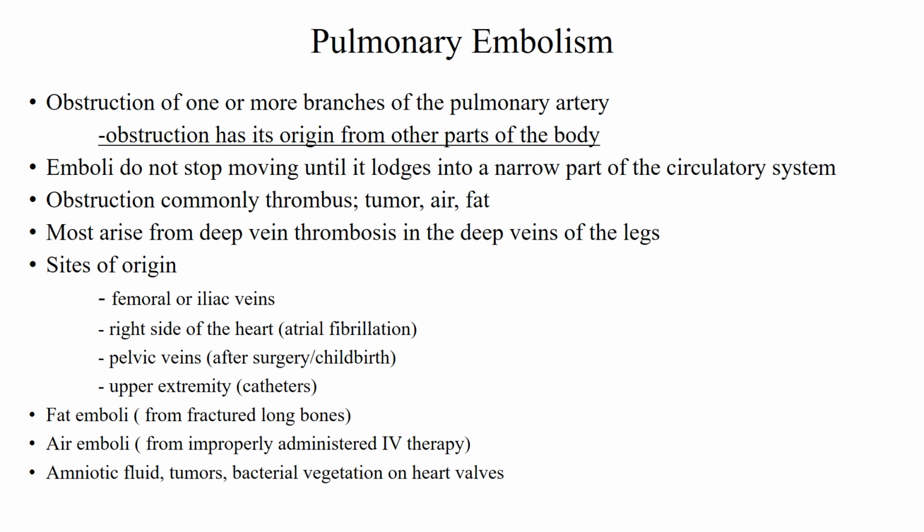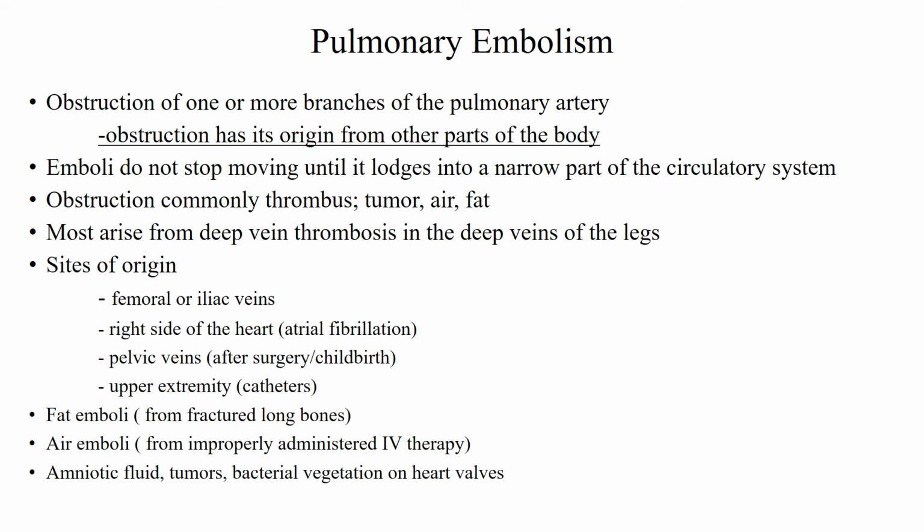What happens is that the clot that has traveled is now called an emboli. It does not stop moving until it lodges into a narrow part of the circulatory system. The obstruction is commonly a thrombus, but it can be a tumor, a fat emboli, or an air emboli.